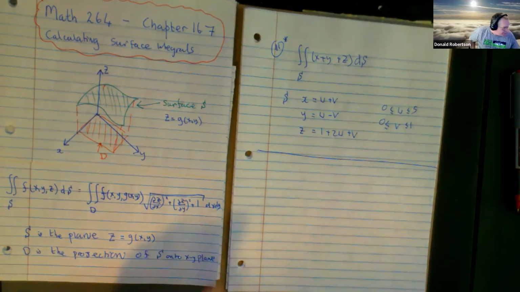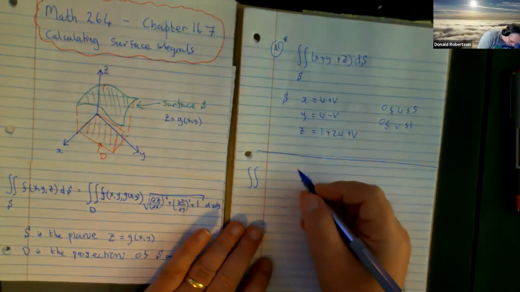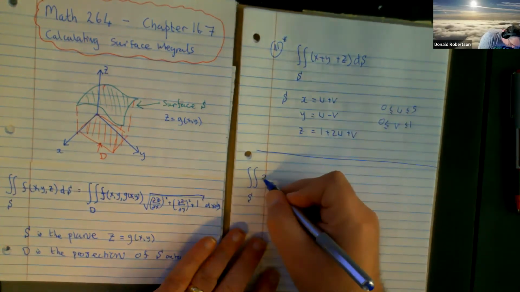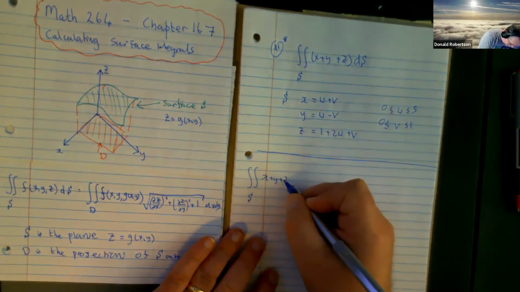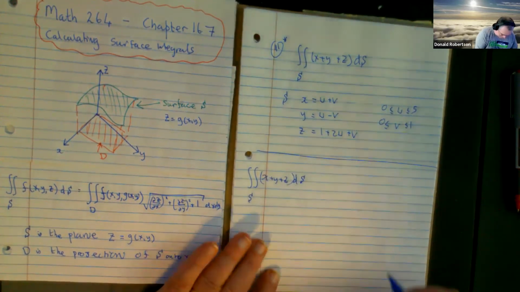So this double integral is going to be changed into an integral in terms of u and v, a change in variable essentially. And everybody is going to be turned into u's and v's.